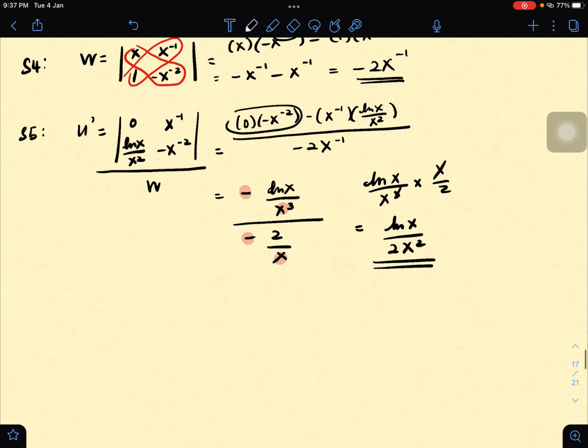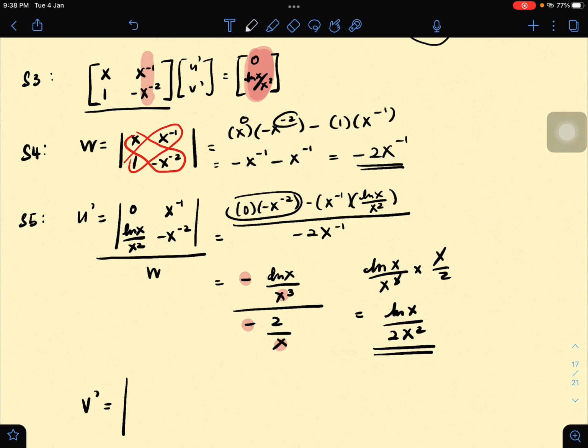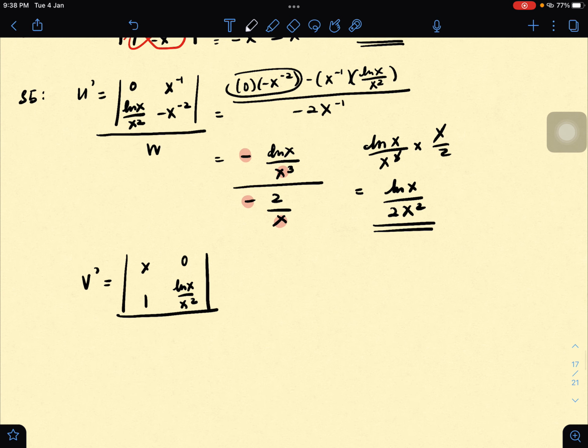And then we want to find v prime. To find v prime, we need to find the determinant of matrix V. So what is the determinant of matrix V? You need to substitute this column with this one. Let it become 0, ln x over x square, and the first column we just need to copy x and 1, and divide by the Wronskian value.